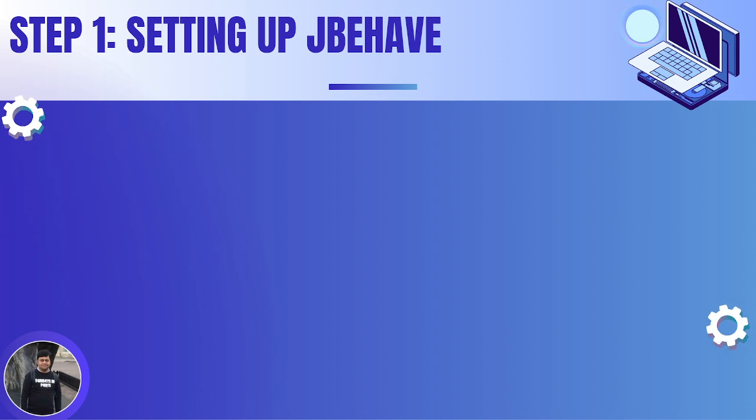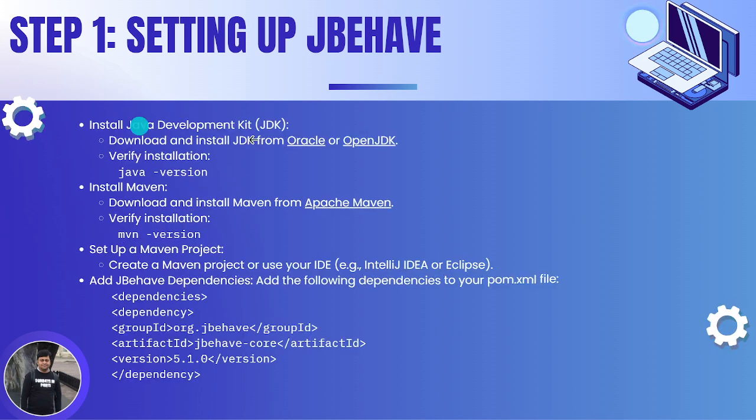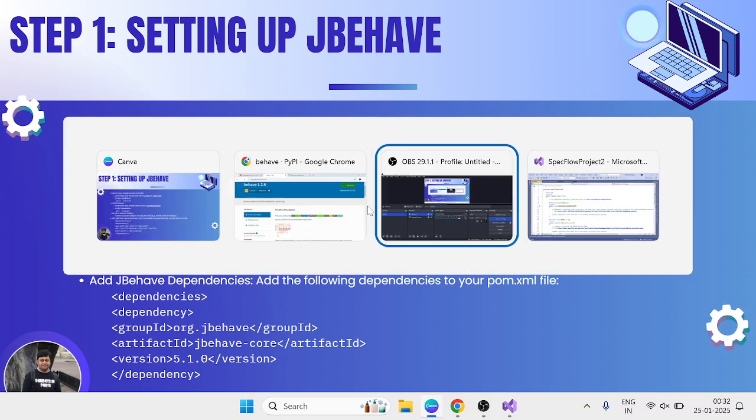So now, setting up JBehave. Before that you need to download and install the JDK from Oracle or OpenJDK, and then you can check the version. Then you need to install Maven, and that is from Apache Maven. So let me show you that also.